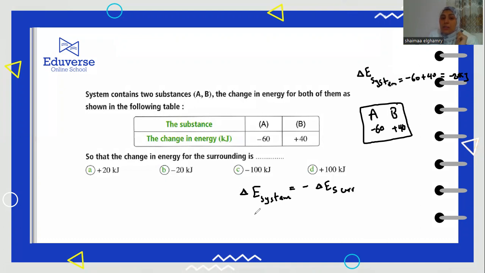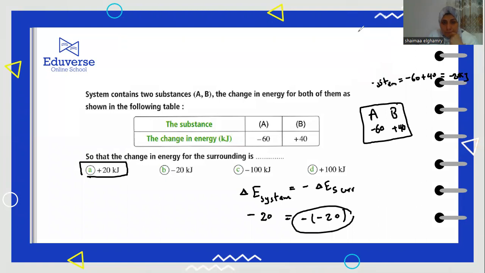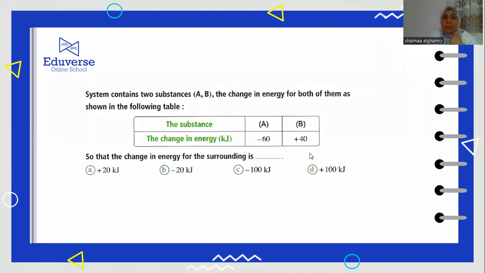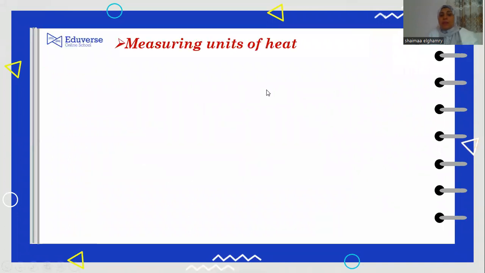The change in energy of the system equals -20, so the change in energy of the surroundings will be +20 kilojoules. So the system in that example releases an amount of energy, 20 kilojoules, which is absorbed by the surroundings.